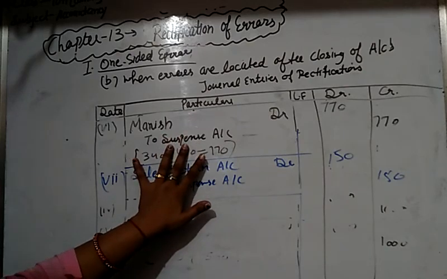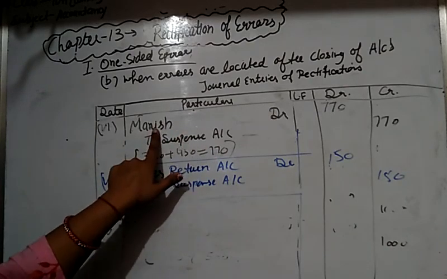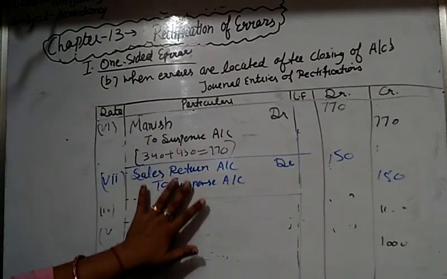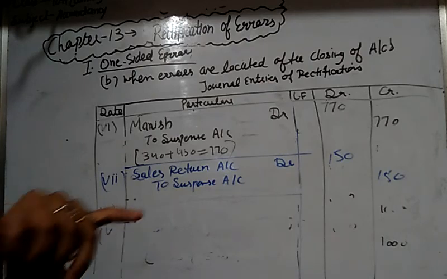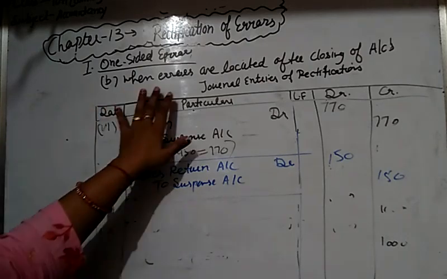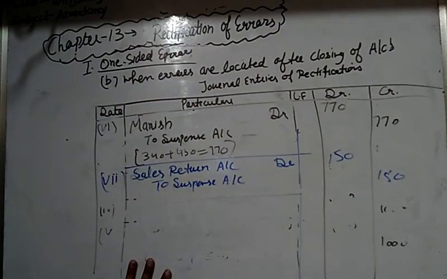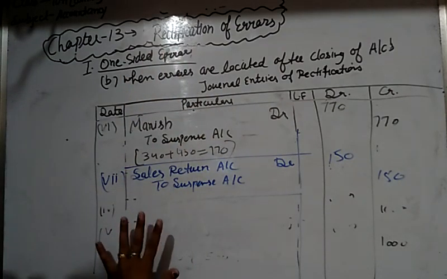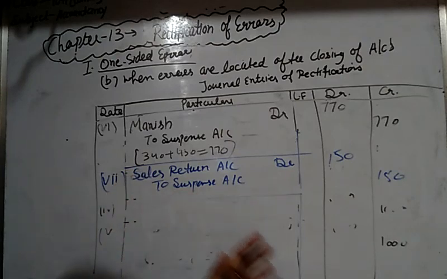If account is wrongly debited, we credit the account and debit the suspense account against it. In case of previous, when errors are located before closing of account, no journal entry will be passed. These errors are only rectified by writing a line on the debit side or the credit side of their ledger account. Clear, students?